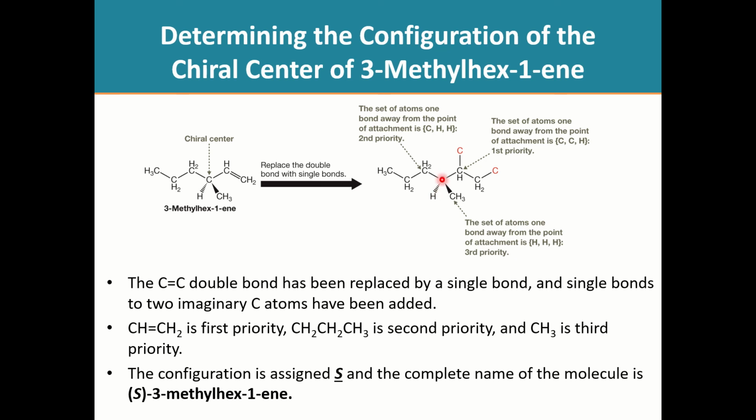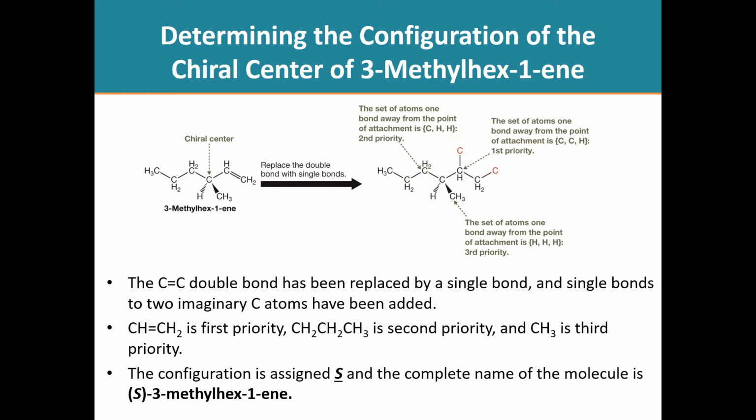Here's our stereocenter. So let's look at this carbon right here. What's directly attached to it? What's directly attached to this carbon that I'm pointing to? Well, we see that we have these 2 hydrogens and this carbon. And that's what we see here.